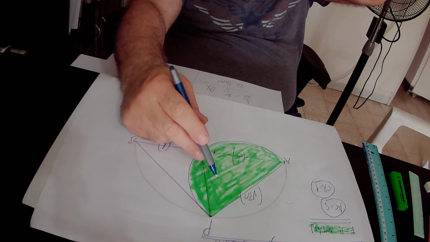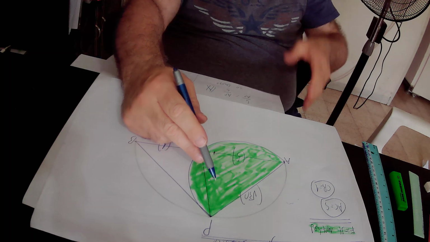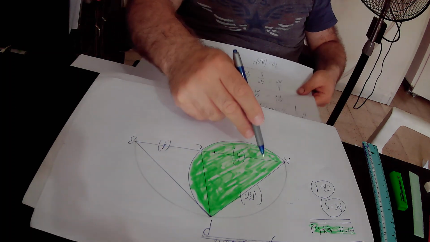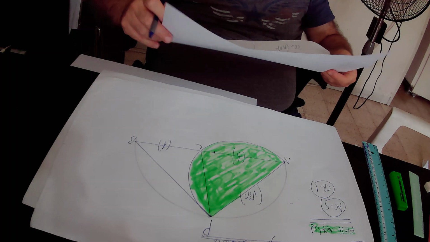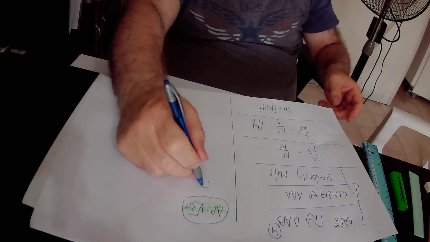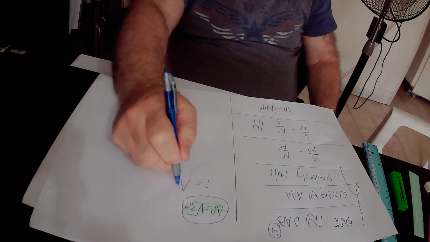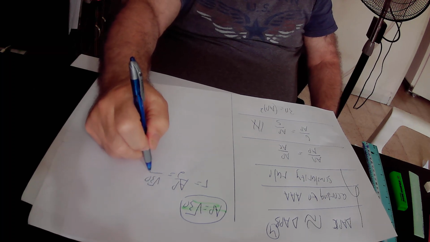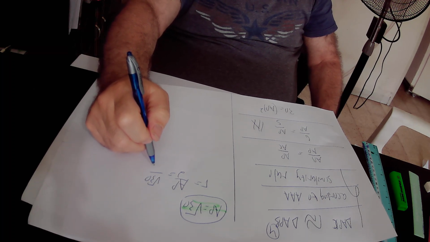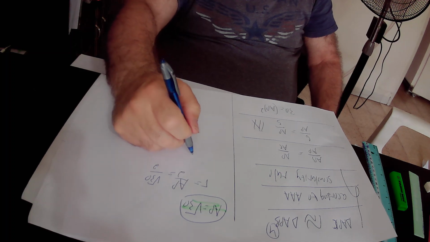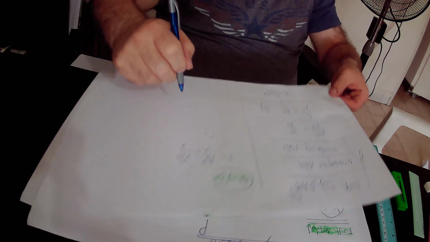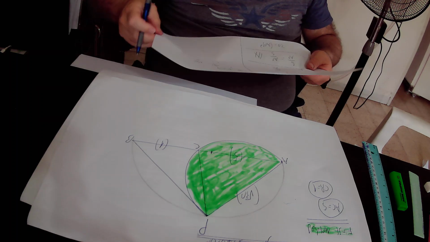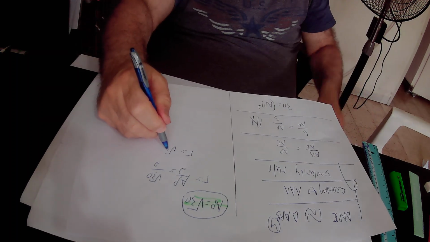Therefore, the diameter over 2 is the radius of this green semicircle. So we define the radius as R of the green semicircle. The radius R must be equal to the diameter AP over 2. AP is equal to square root of 30. Therefore, AP over 2 is equal to square root of 30 over 2. In conclusion, the radius R of this green semicircle equals the square root of 30 over 2.